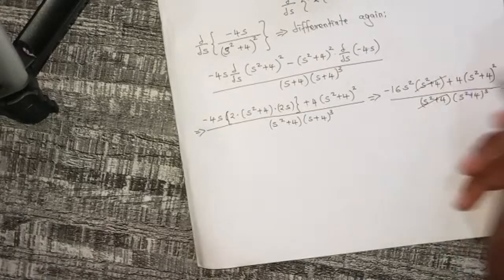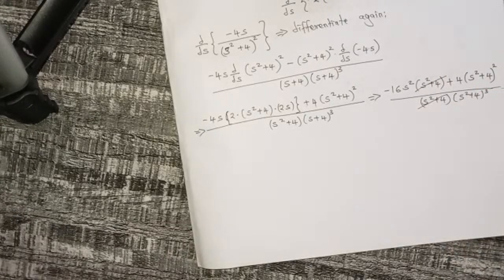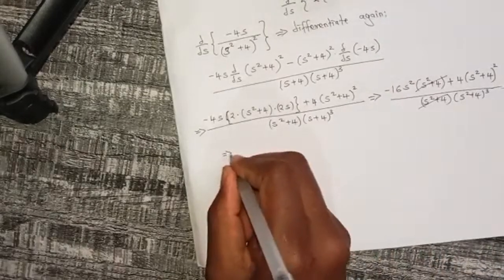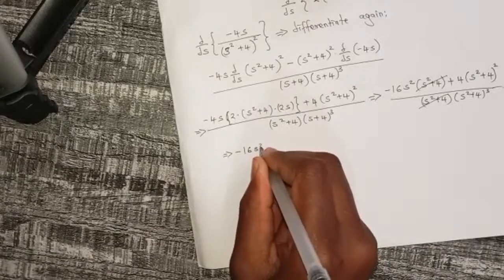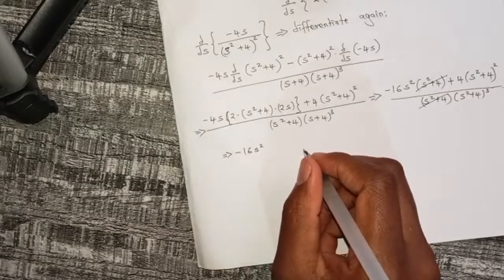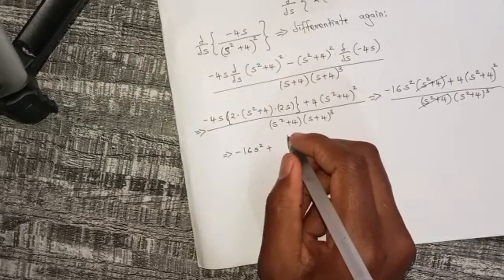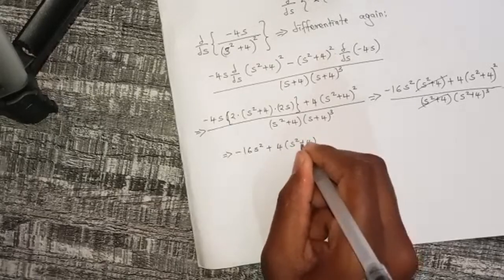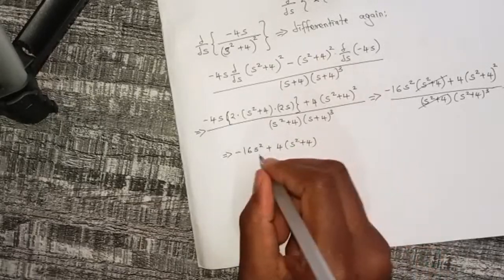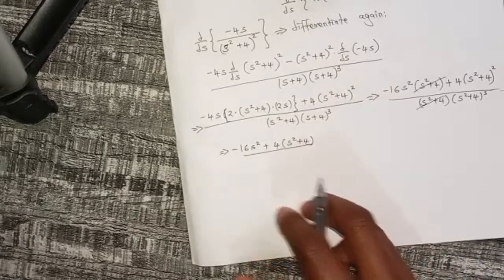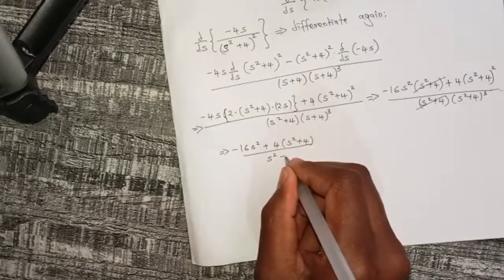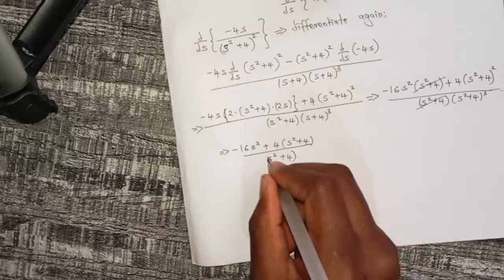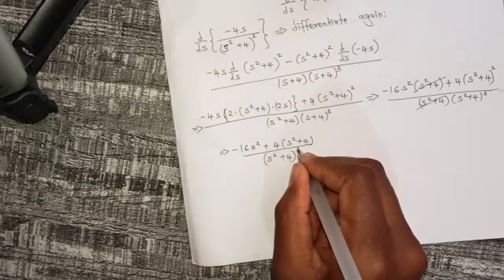This part will cancel with this part, and therefore we are left with minus 16s squared plus 4 into s squared plus 4, everything divided by s squared plus 4 cubed.